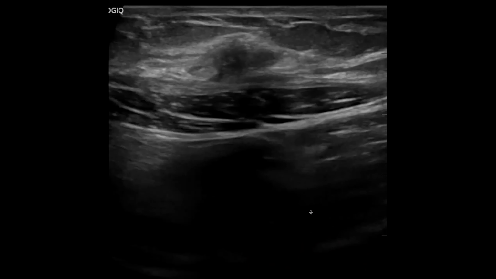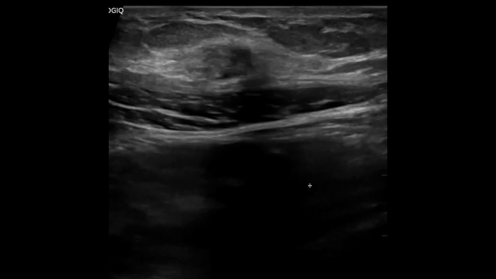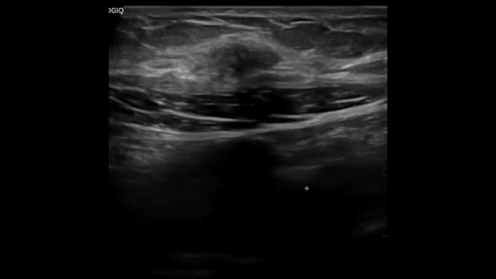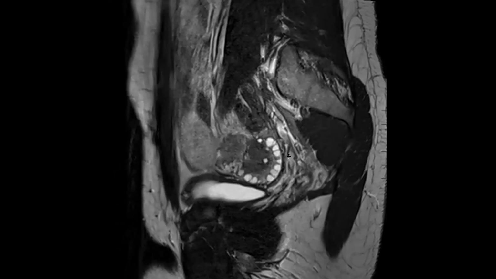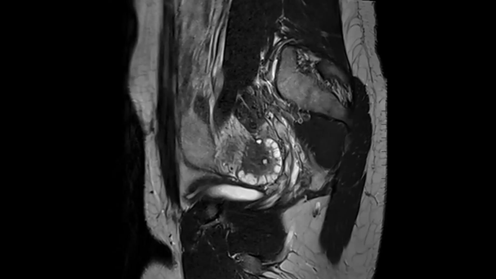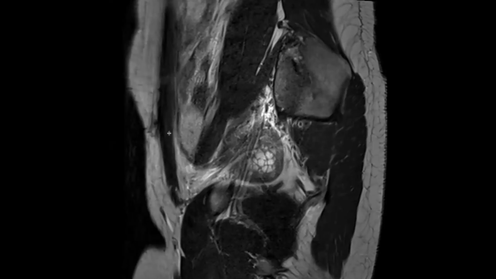Okay. So this is a patient who had pain along the C-section scar in the anterior abdominal wall, lower abdominal wall. And here are the ultrasound images. So we got an MR, and we saw the abdominal findings.